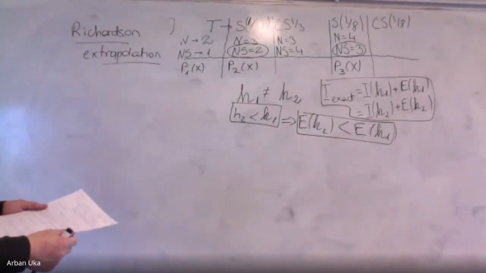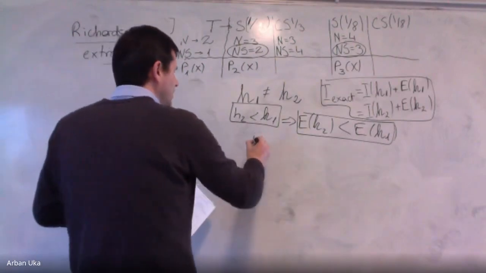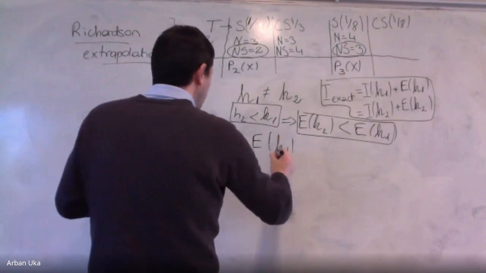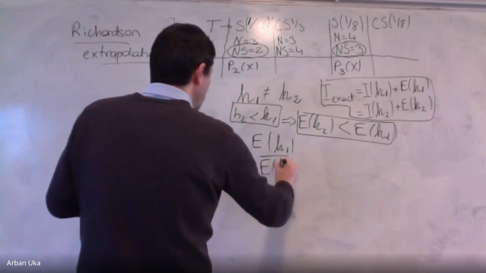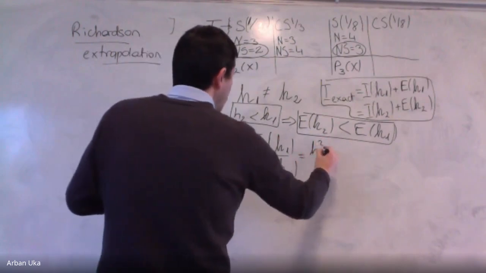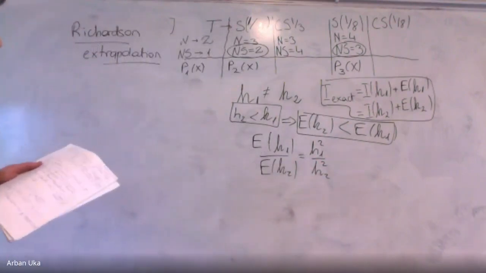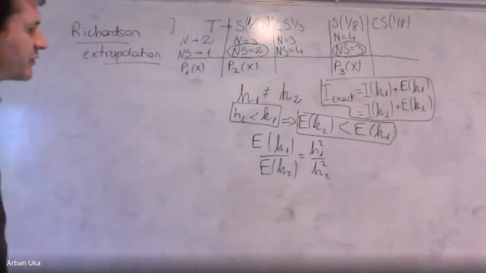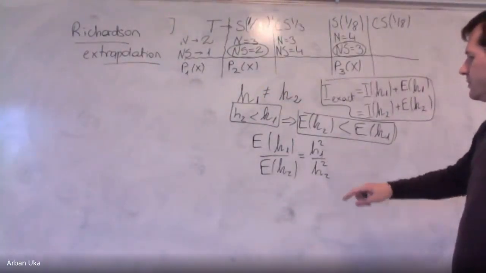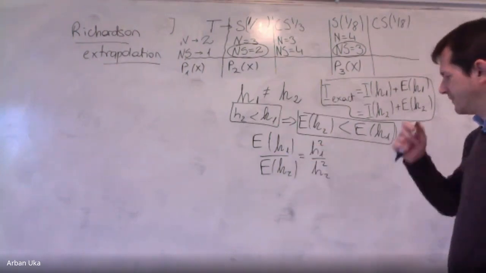And it can be proven that the error of h1 over the error of h2 is equal to h1 squared over h2 squared, okay? So we can prove this one, but let's check for a moment. So h2 is smaller. Yes, that's correct. So this is larger, this is also larger, okay?